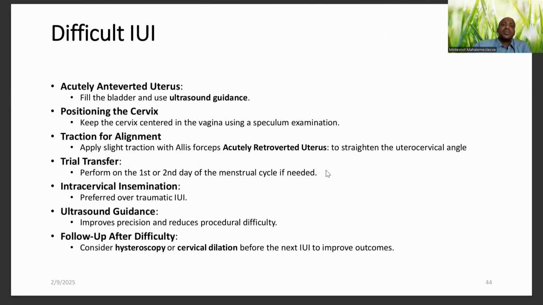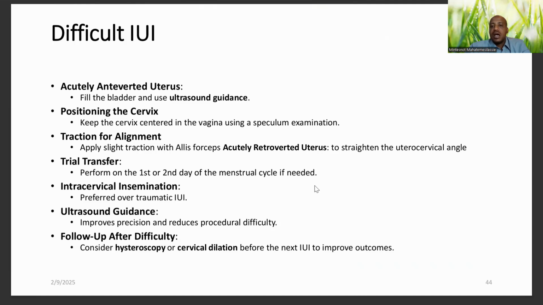Sometimes we may face a difficult IUI. Sometimes you may have difficulty negotiating the catheter through the cervical canal. In that case, there are some tricks that you can do. For example, if it is an anteverted uterus, you can fill the bladder and make it straight. You can use ultrasound guidance.